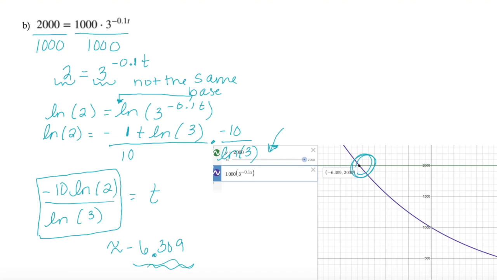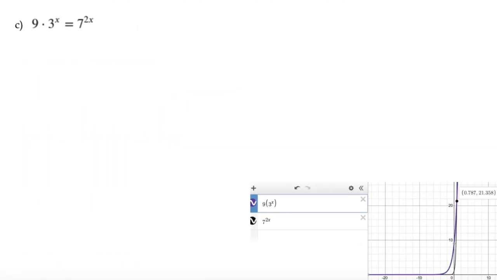Let's try another one of those where we have to do a little bit of manipulation on slide 3. Here we have 9 times 3 to the power of x is equal to 7 to the power of 2x. What I can do here is rewrite 9 using 3 squared.